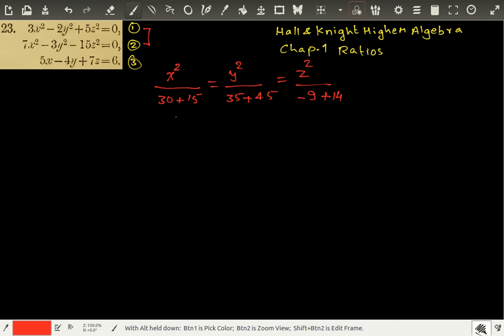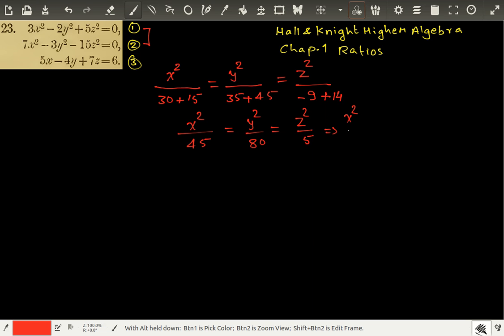So we have x square by 45 is equal to y square by 80 is equal to z square by 5. So this means we will just divide all the denominators by 5.